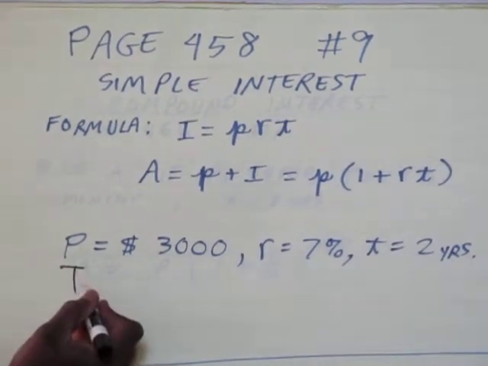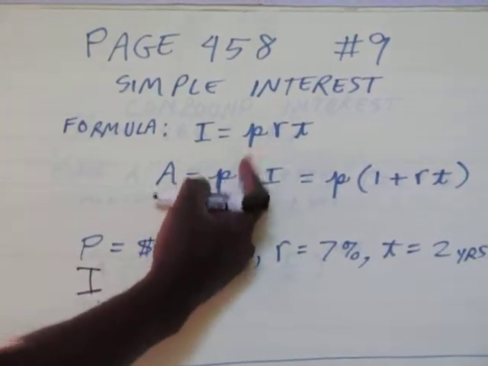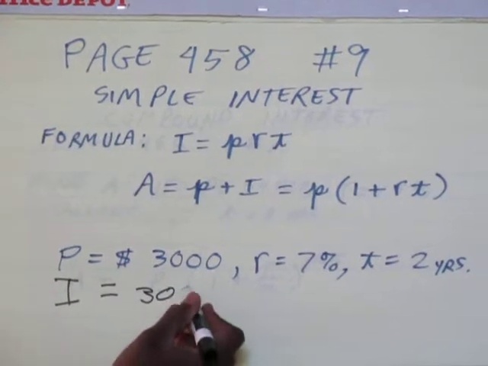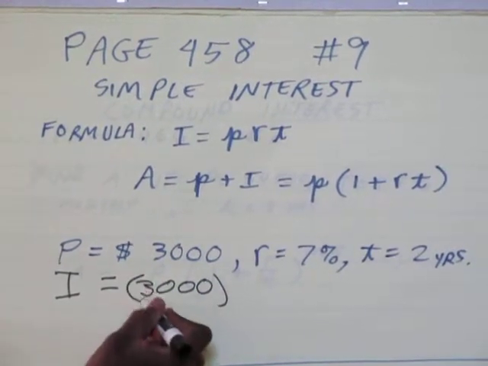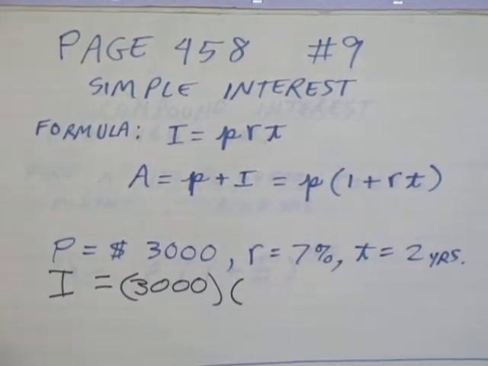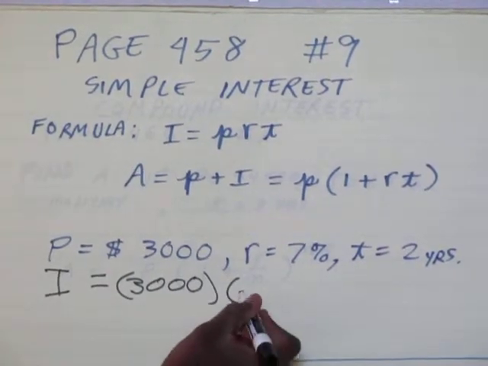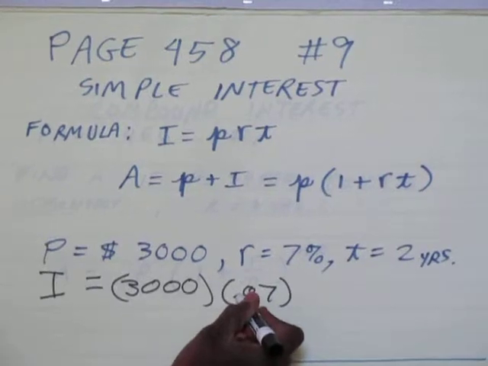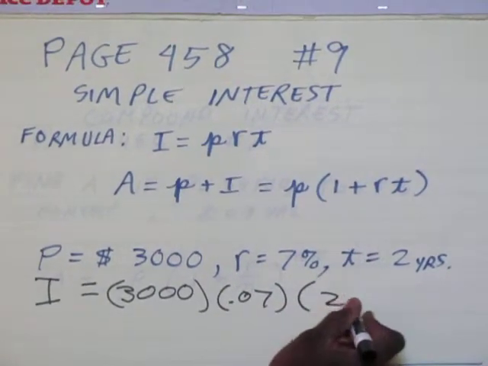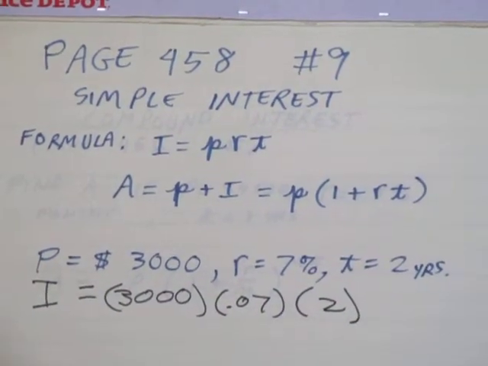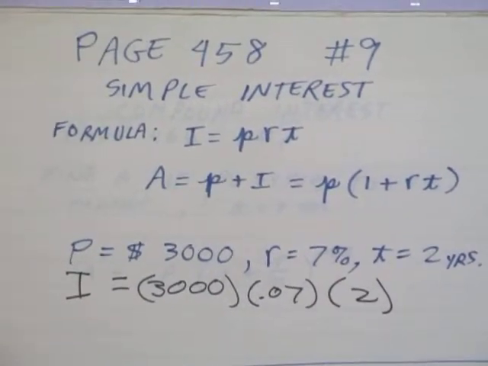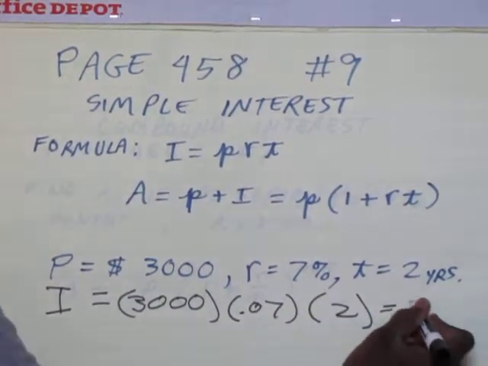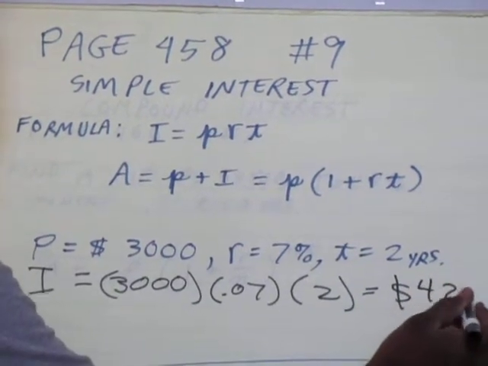Interest is equal to principal times rate times time. The principal is $3,000. The rate is 7%, but as a decimal that is 0.07. Time in years, 2 years. Now, we multiply these three numbers together, that comes out to $420.